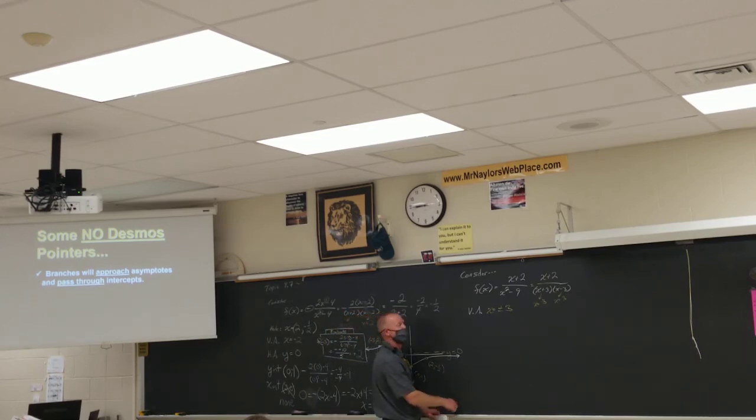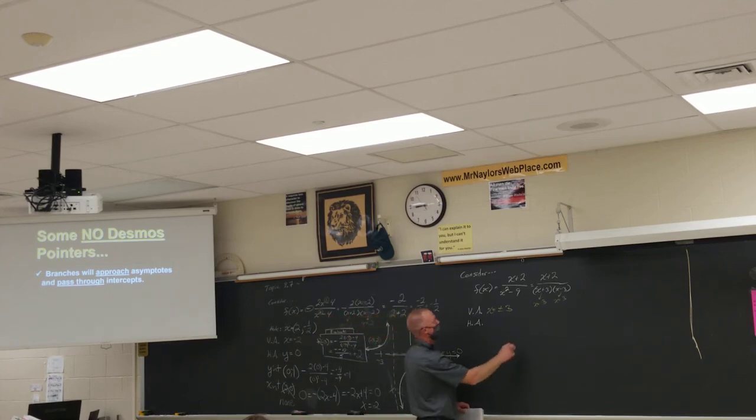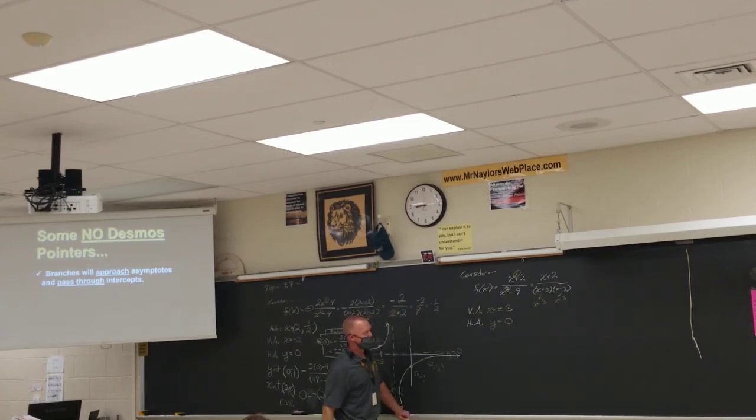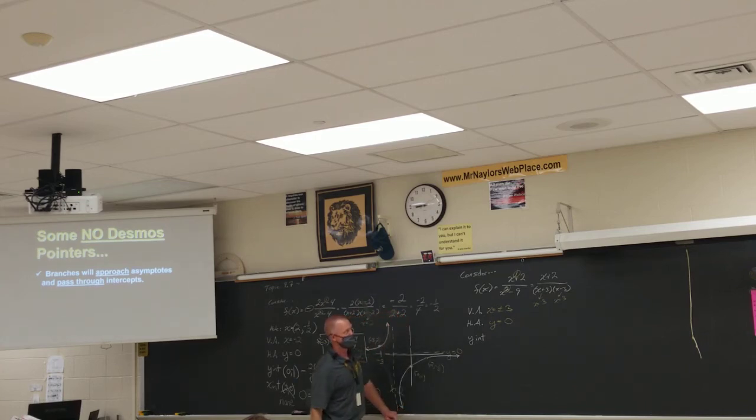How are we doing so far? Okay, horizontal asymptote. Again, very similar. So we'll have to say y equals 0. If you plug a 0 into the equation, you get 2 over -9.